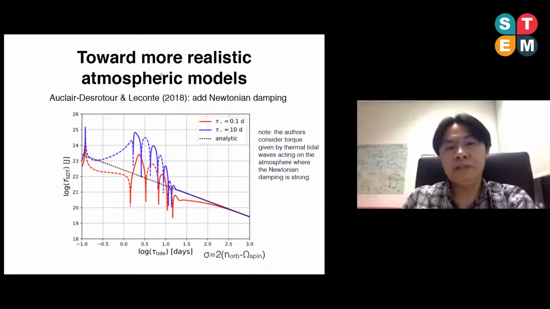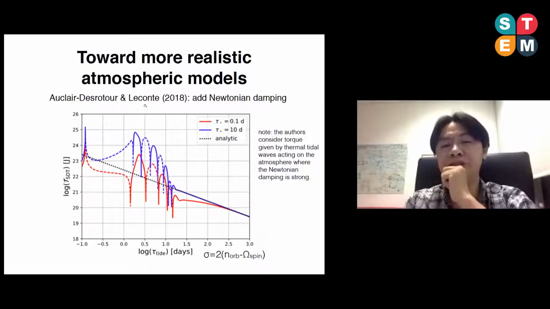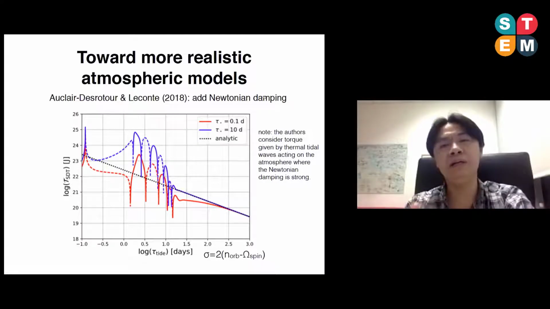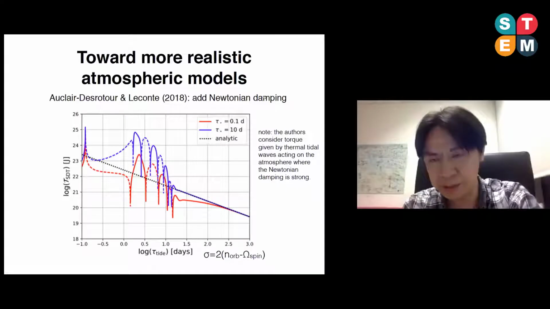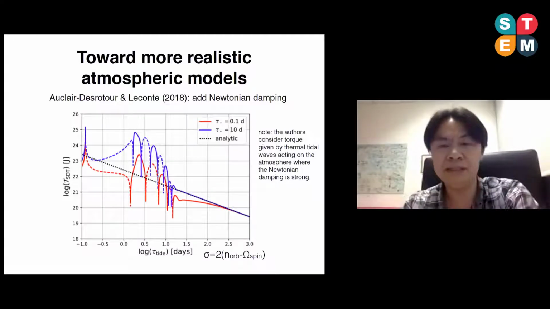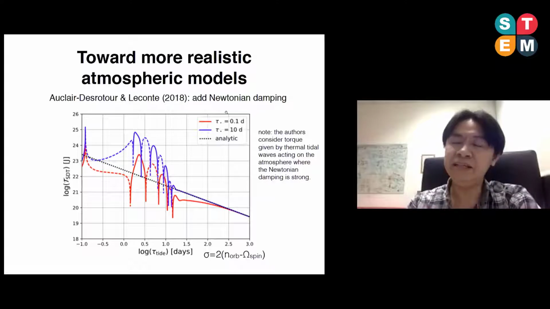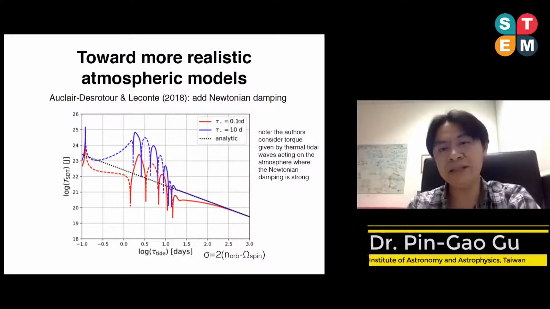So later on, toward a more realistic atmospheric model, a French group, Lacombe and collaborators, included Newtonian cooling. Newtonian cooling is just a radiative damping process controlled by a thermal cooling time scale, which for the heating layer of stellar irradiation in a hot Jupiter atmosphere is typically about 0.1 to 1 days.